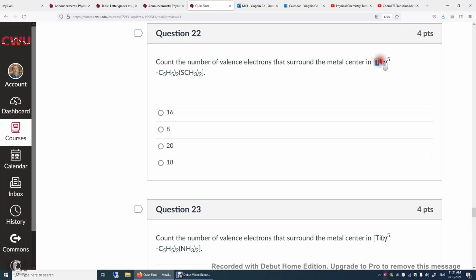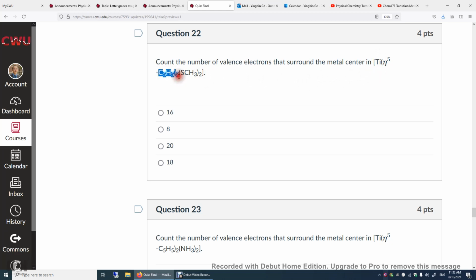Therefore, this titanium has an oxidation number of +4. So +4 here, and each cyclopentadienyl bears -1 charge. Each SCH3 bears -1 charge. So overall, you have 0 valence electrons from this titanium 4 plus.